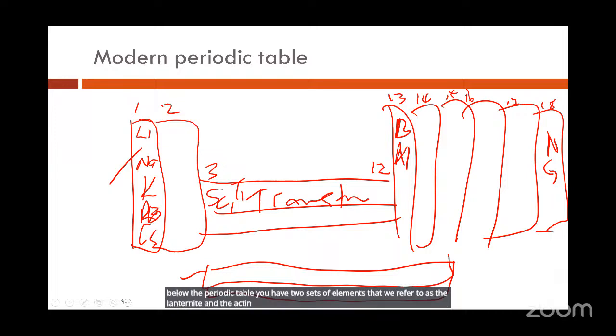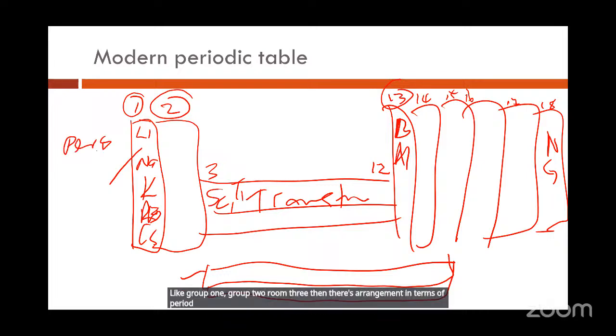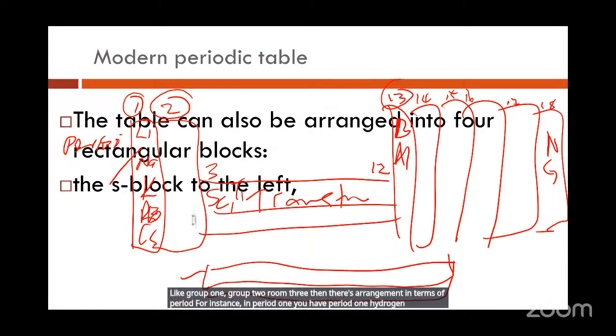So there's that arrangement in terms of group, like group 1, group 2, group 3. Then there's arrangement in terms of period. For instance, in period 1, you have hydrogen and helium.